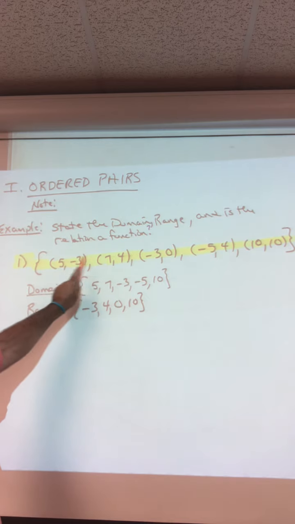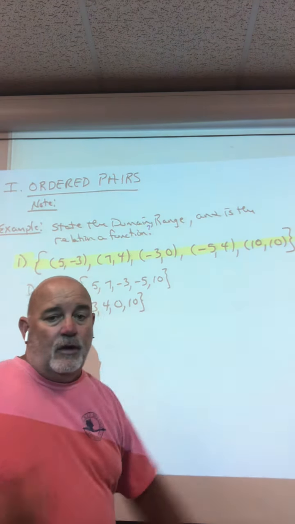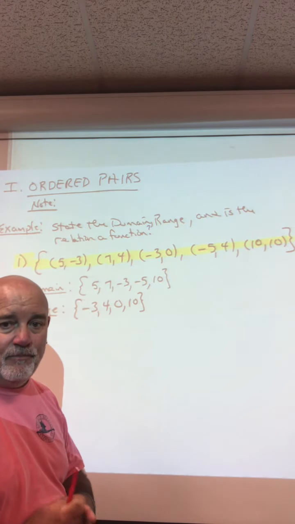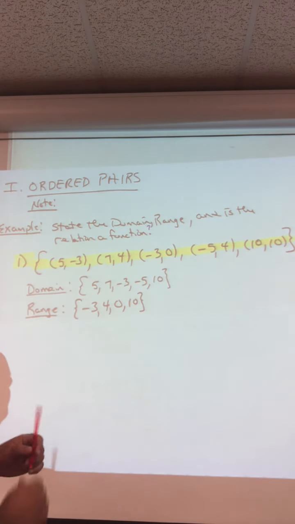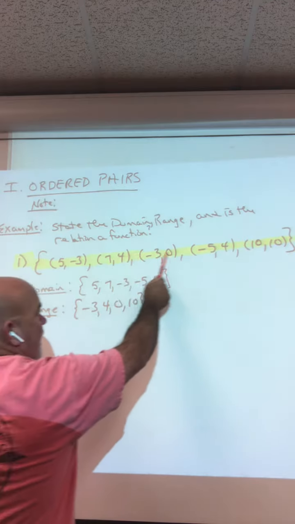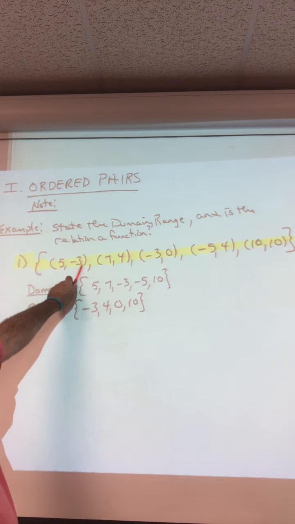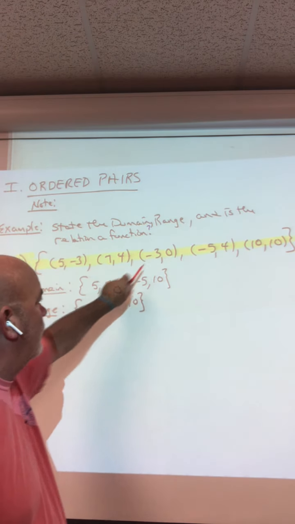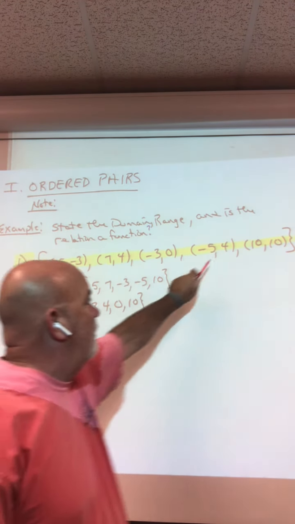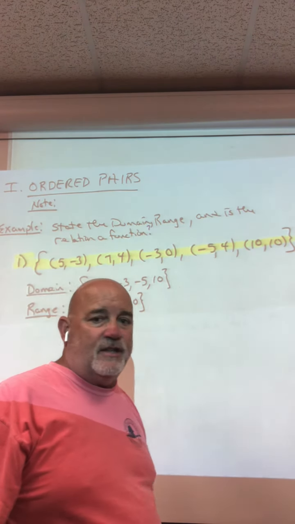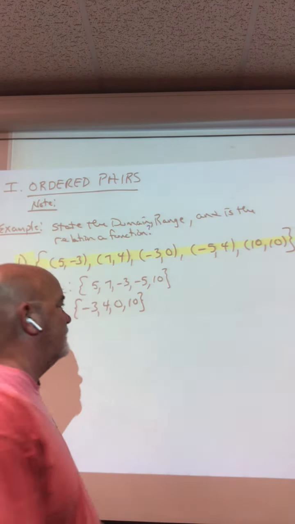And the range is all of the second numbers. 2 comments. Number 1, the order you write them in does not matter. Number 2, if you have a number in the domain listed twice, you don't have to list it twice. For instance, in the range you got -3, 4, 0, 4, but you've already put it in there. So if it's in the range, it's in the range. You don't have to write 4 down twice.